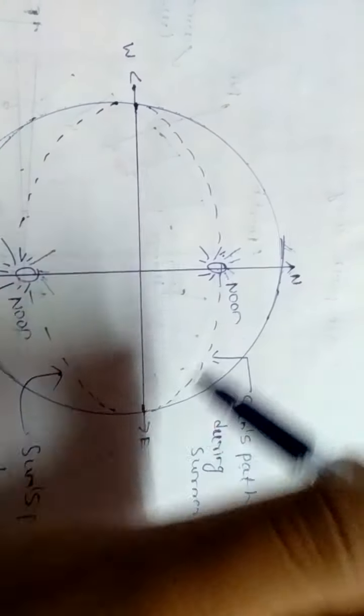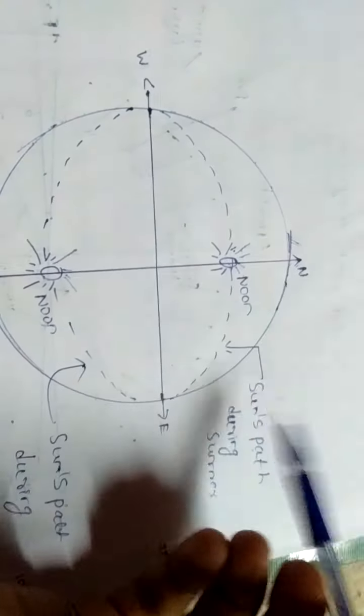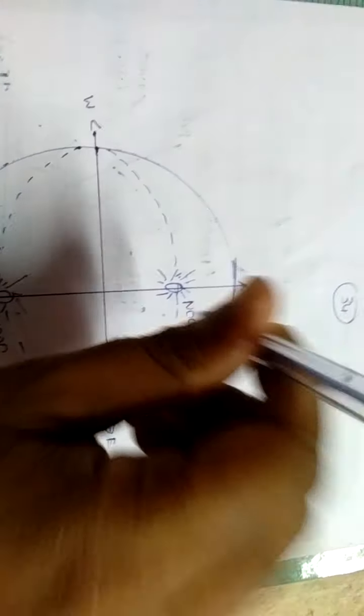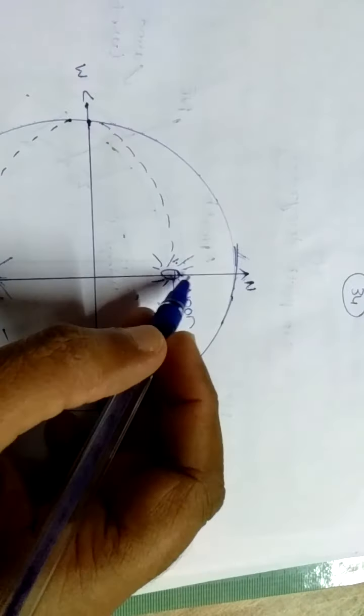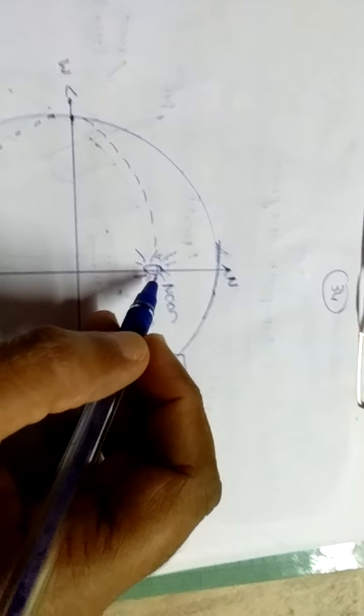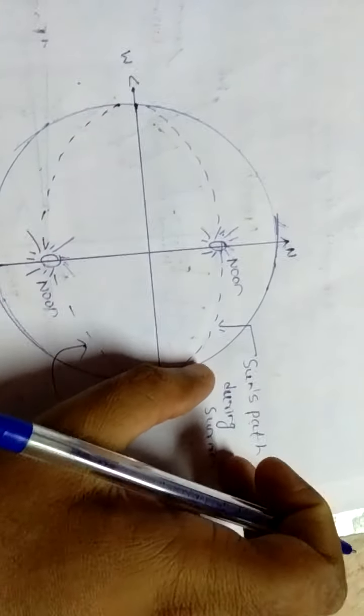During the other time of the day, from the sunrise to the noon, the sun rays will be like this at an angle, so it will not be much intense. At the noon, exactly like this, the sun rays will be there, so it will be having much intensity. So at the noon, the solar panels can tap most of the energy. This is during the summer.